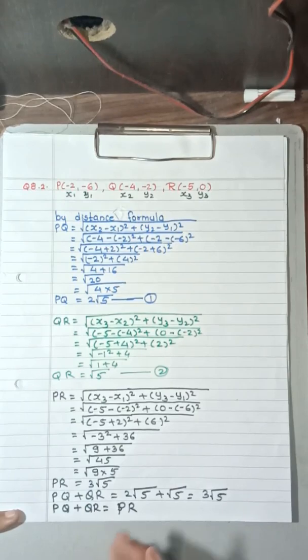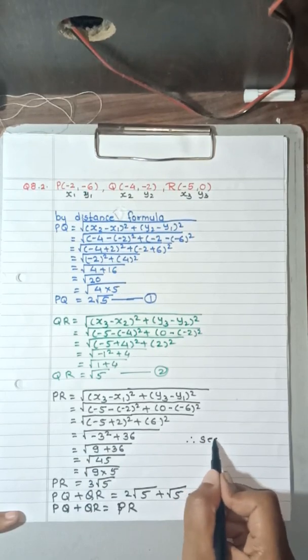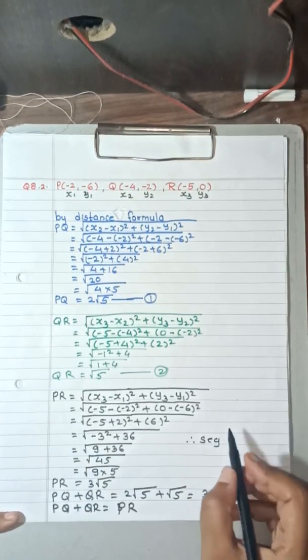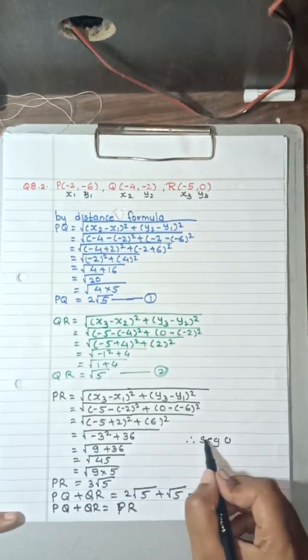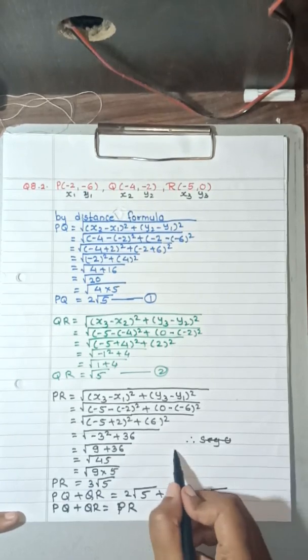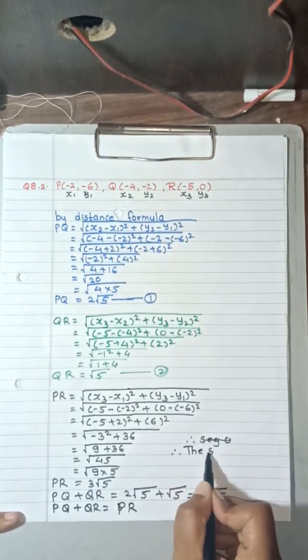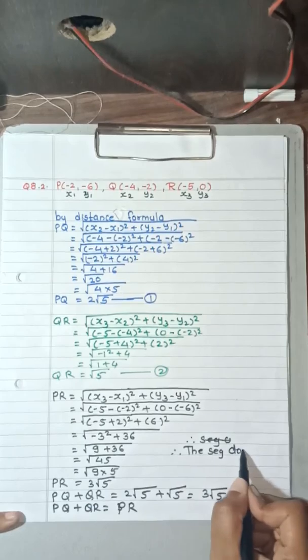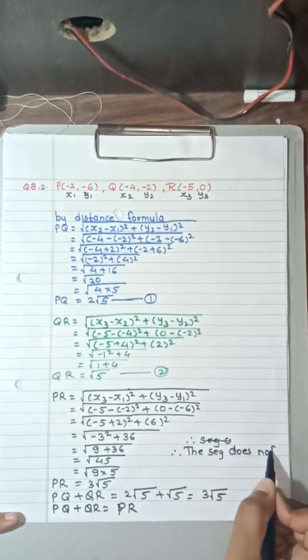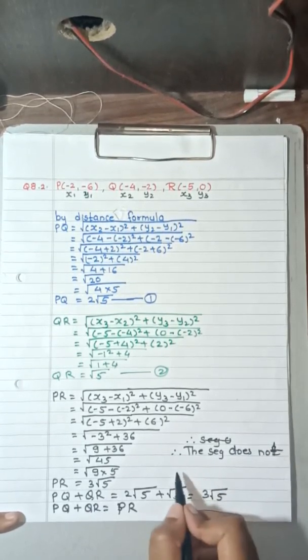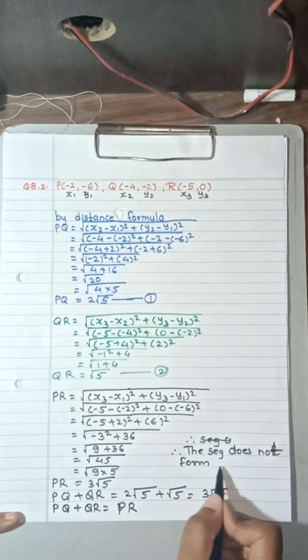Okay, therefore you can say that these points, they are collinear points. Therefore I'll write down, therefore the segments do not form a triangle.